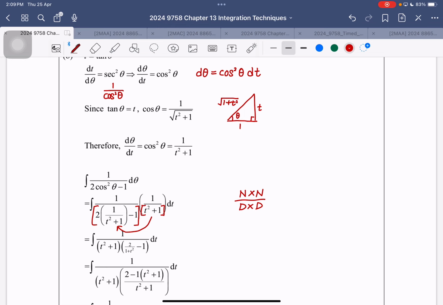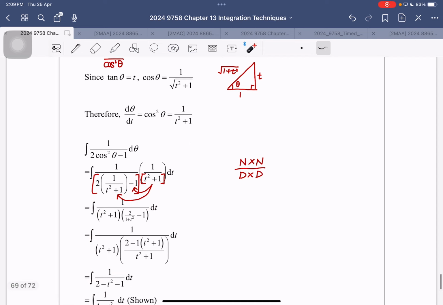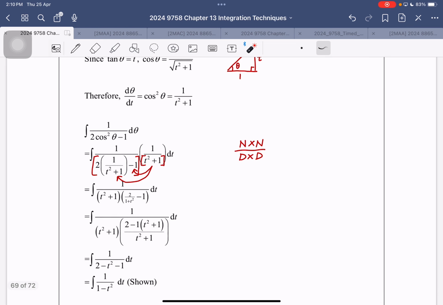And your t squared plus 1, you multiply by 1. So you won't get into this kind of very complicated expression, which I suspect some of you did try to do. That's why I leave the answers here, so that if you still prefer to do it this way, you can do it correctly.